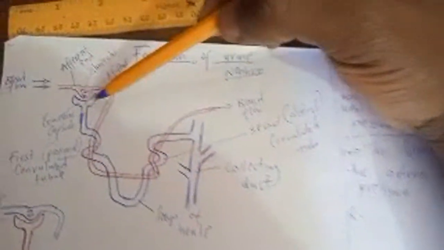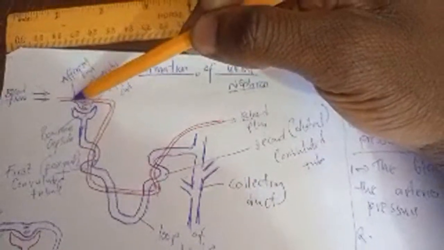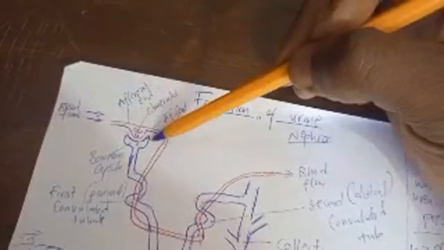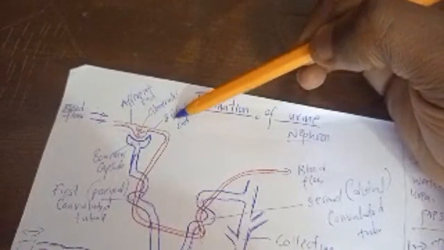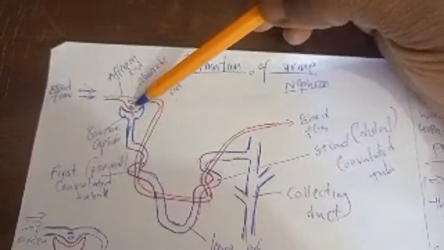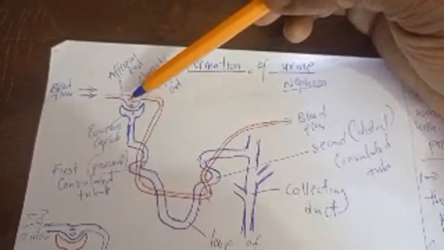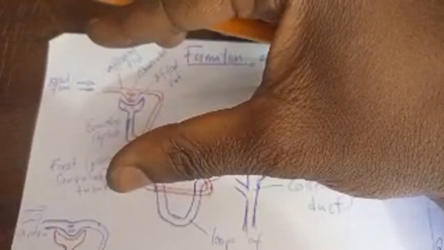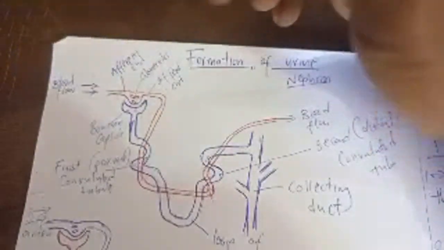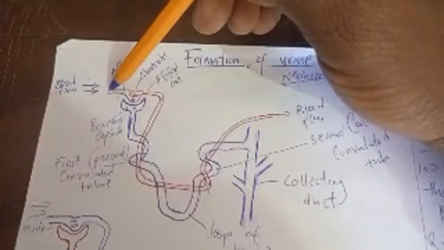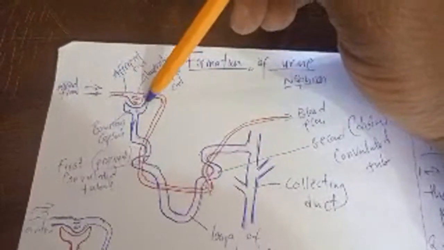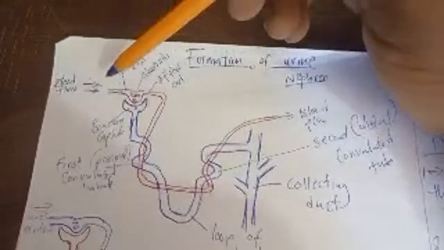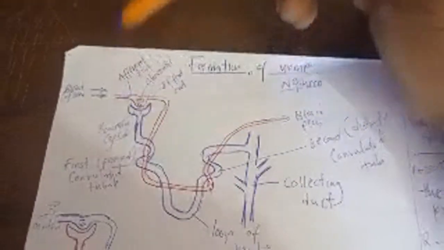Number two, you say the reason why there will be pressure in the glomerulus: as you can see, there is this part which is called the afferent end, and there's this one also, which is called the efferent end. So you say the afferent end is wider than the efferent end, meaning a lot of blood will enter, but at the exit, the door is small, in such a way that there will be pressure in the glomerulus.